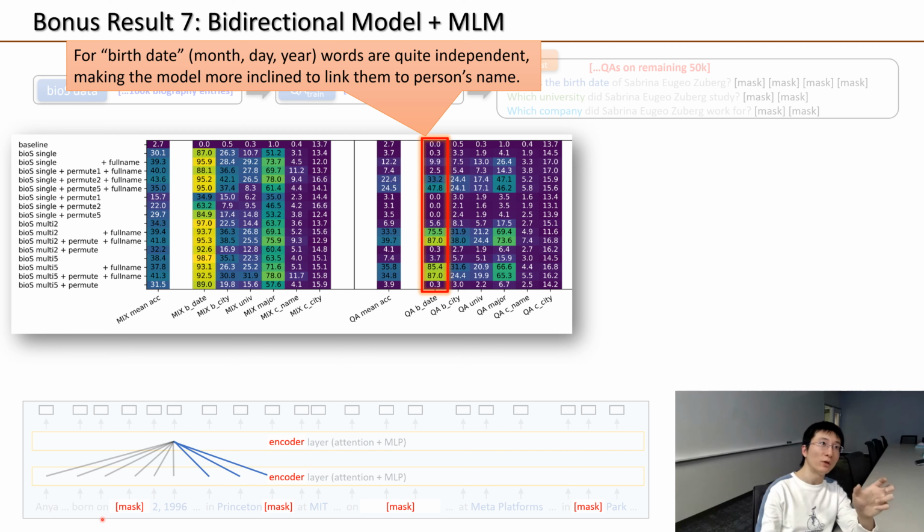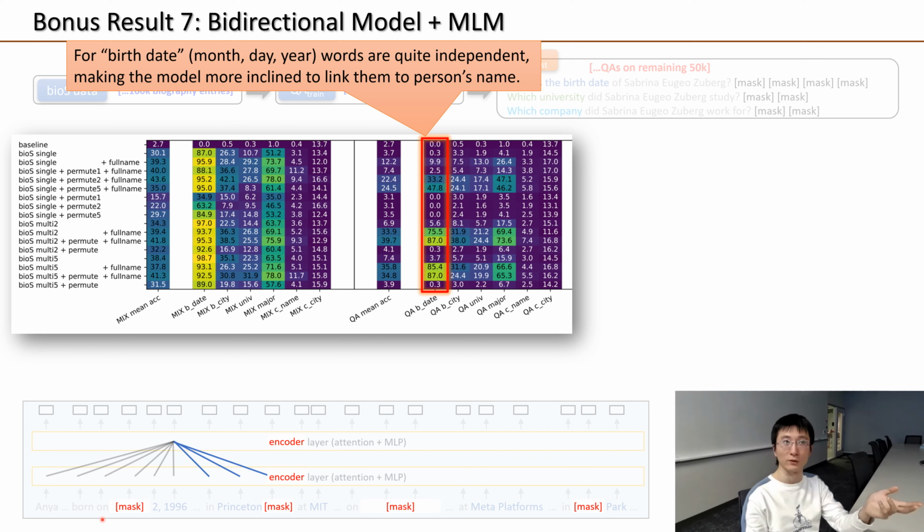And the 3 words are quite independent. So you cannot infer this person's birth month from this person's birth year, for instance. This makes the model unwilling to associate the 3 words among themselves. And therefore, the model will be more inclined to link them to the person's name.